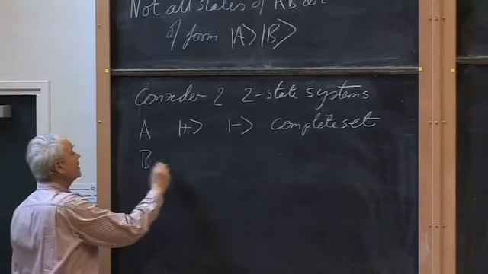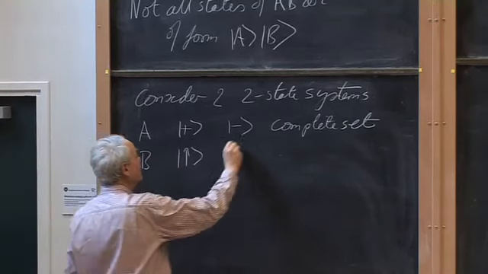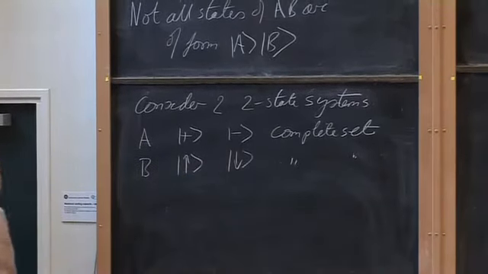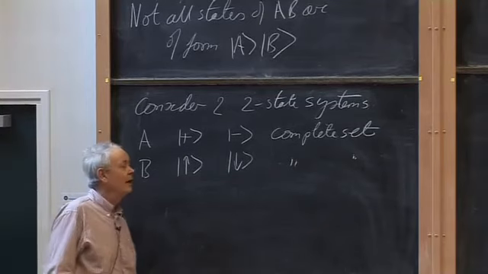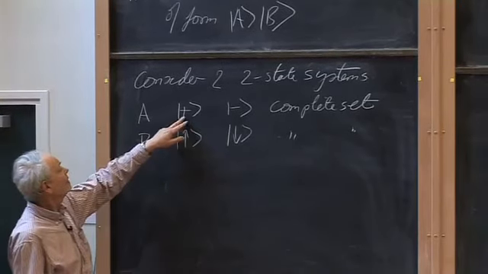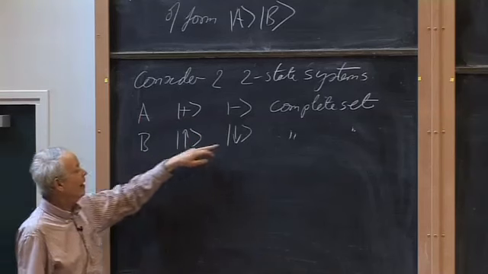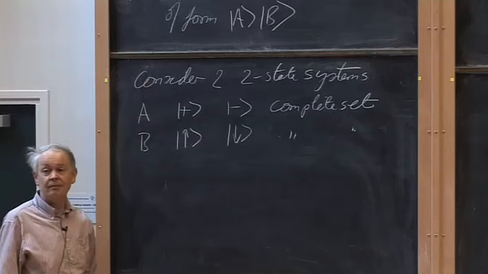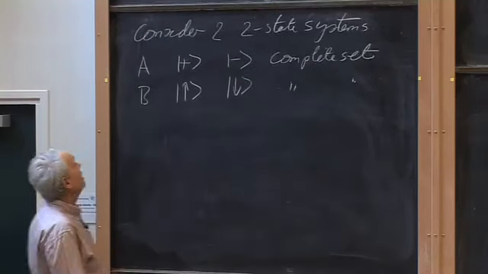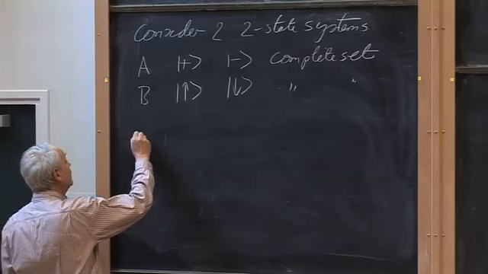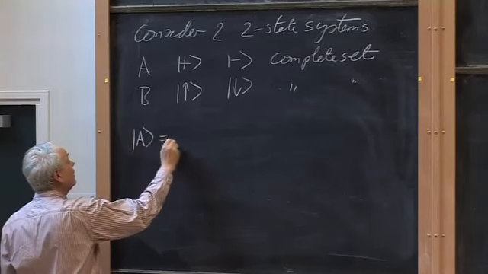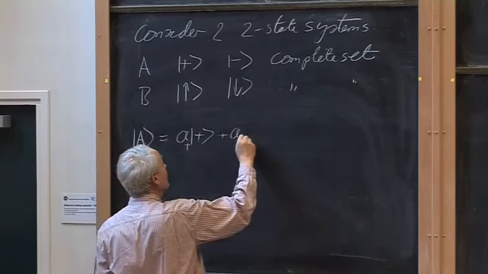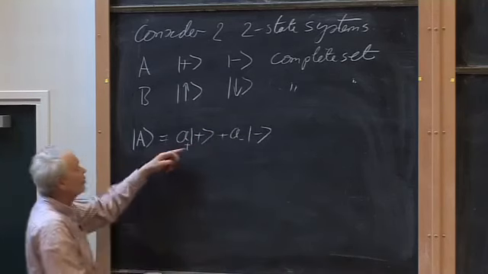And B is going to have the states up and down. This is just notation that enables us, by using a plus sign and a minus sign for A, and an up arrow and a down arrow for B, to avoid the necessity of writing down these pesky A, B labels, right? Let's now consider, let the state of A be A plus plus A minus minus. So this is a general state, okay?